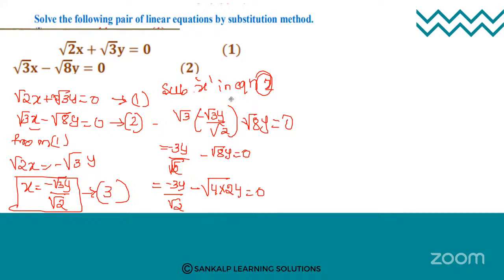Now, minus 3y divided by root 2 minus, so 4 is a perfect square number, so if I take it out of the root, square root is 2 into root 2y is equal to 0. Now, here also y is there, here also y is there. So I will take y common. y into minus root 3 divided by root 2 minus 2 root 2 is equal to 0.